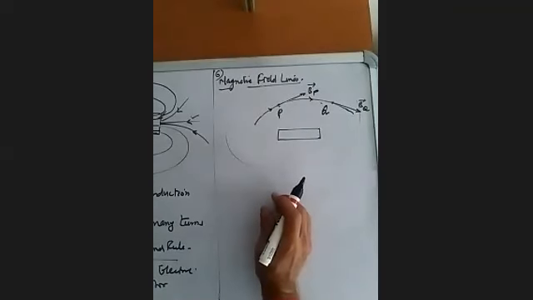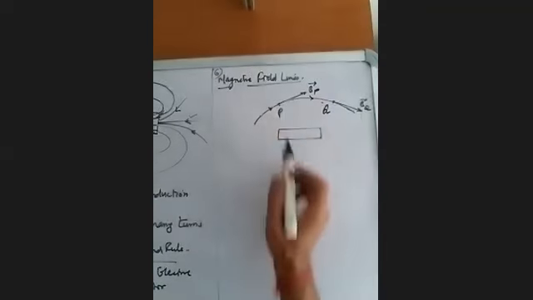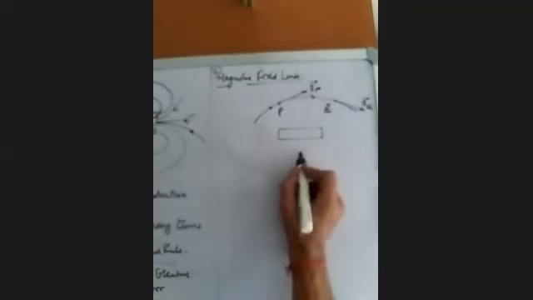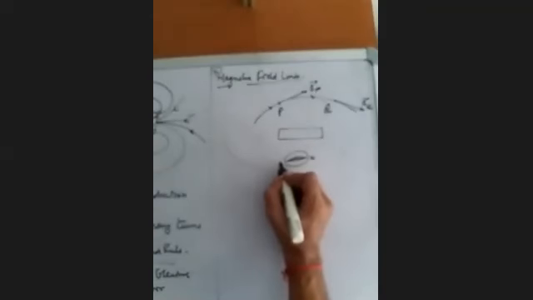Now another part was, how can you find out the direction of magnetic field line in a magnetic field? So you can very simply use a compass needle. Place a compass needle at any point where you want to find out the direction of magnetic field.